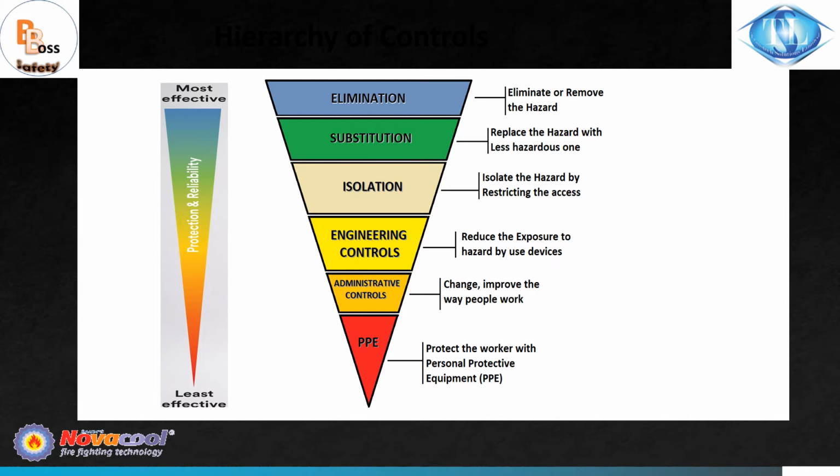Then engineering control, we are using design and engineering methods to control a certain hazard. Example, the ventilation in a confined space. Confined spaces have poor ventilation by nature, and we need to maintain a certain percentage of oxygen, and we should make sure there is no accumulation of other gases, and that's why we use ventilation.